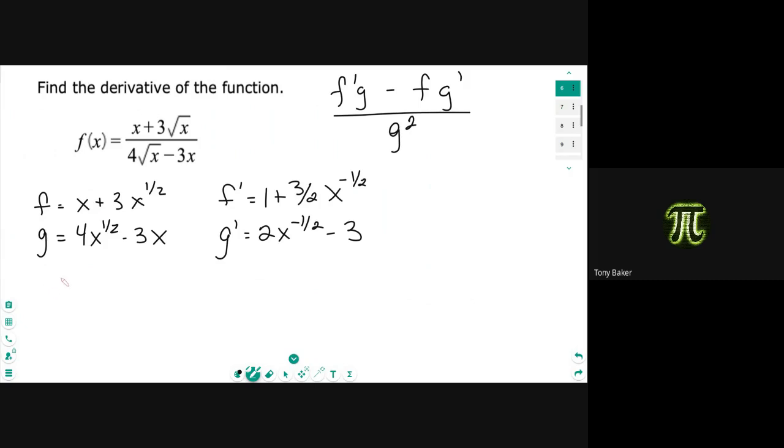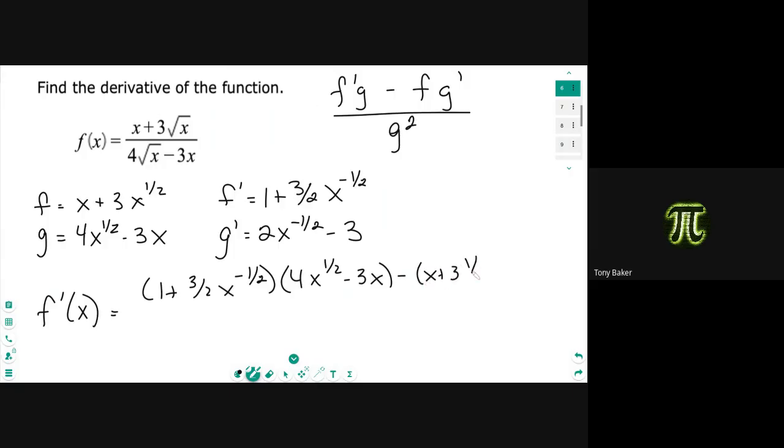So now plug them back in. So we've got 1 plus 3 halves x to the negative 1 half times 4x to the 1 half minus 3x minus x plus 3 to the 1 half.